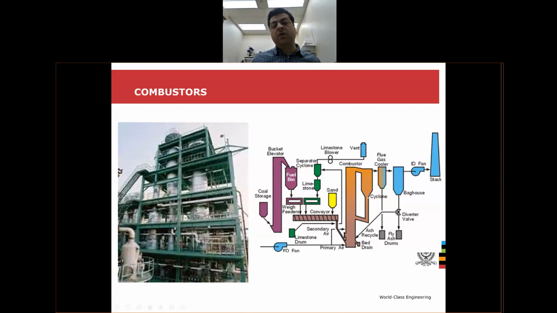Non-converted coal, for example, is going to be collected and returned to the fluidized bed combustor, and the remaining gases go to other cyclones where ash material, which we call fly ash, is going to be recovered, and the remaining gases like, for example, CO, CO2, NOx, SOx are going to be released to atmosphere. Of course, from an environmental point of view, there are ways to control their emissions.